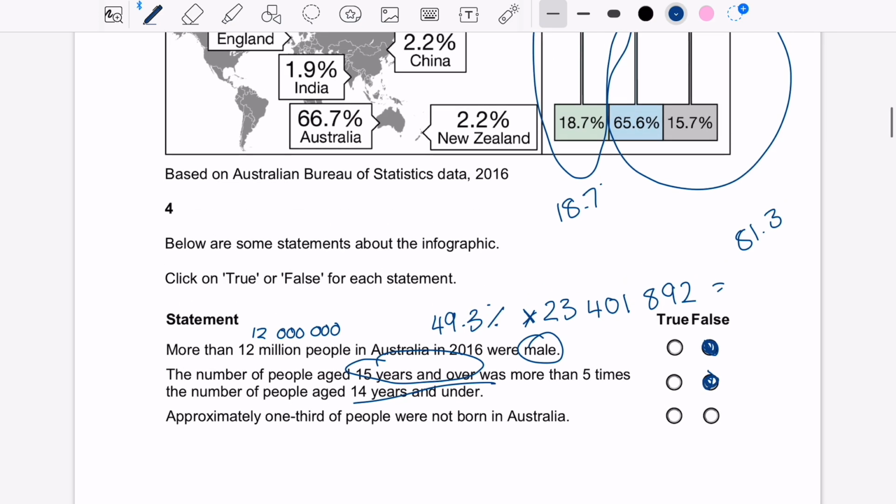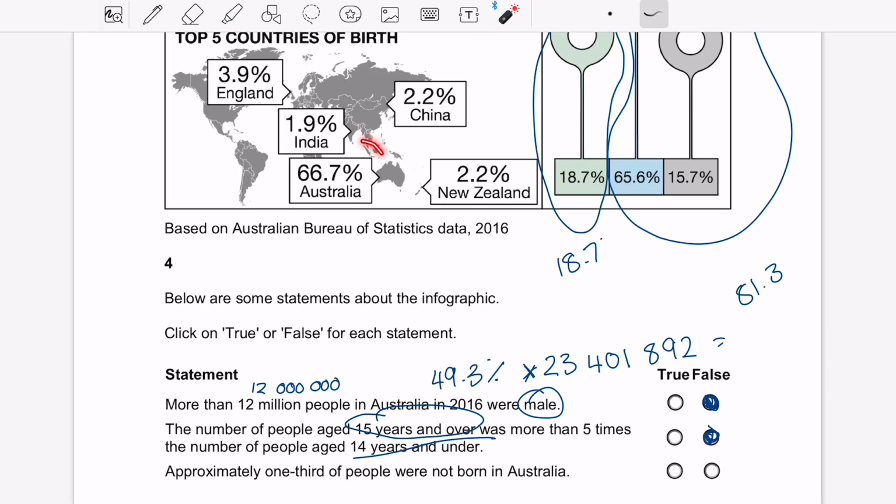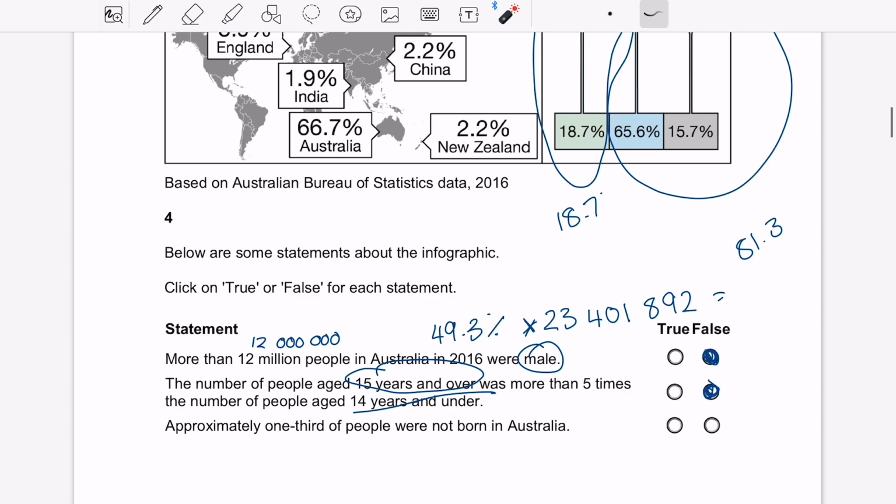And then approximately 1/3 of people were not born in Australia. Many people were born in Australia. So if 100% is everyone, 100% minus 66.7. So minus 66.7.